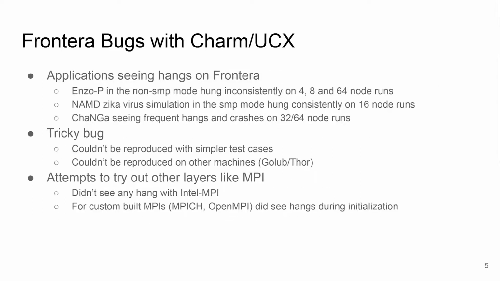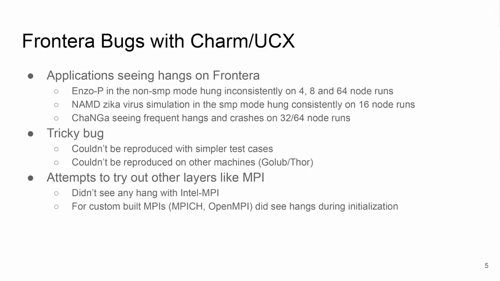So talking about the Frontera bugs, as I mentioned, initially it was the ENZO-P application that did not hang consistently. It was inconsistently hanging on 4, 8, and 64 node runs. And we saw that as the node count increased, the number of jobs that hung also proportionally increased.